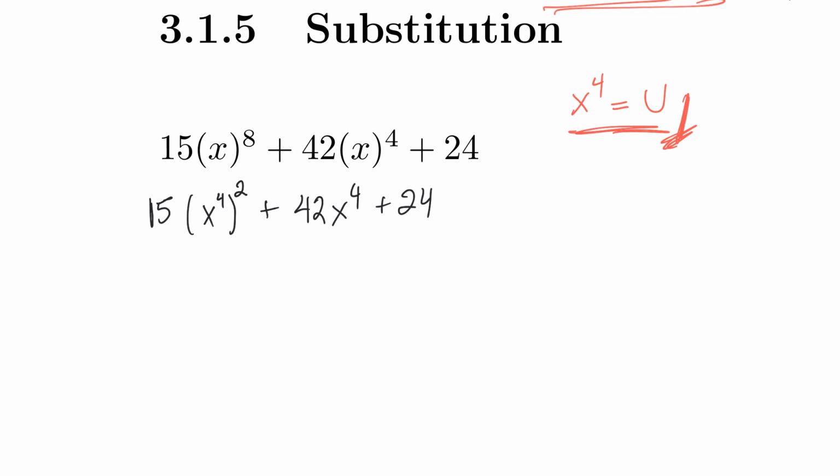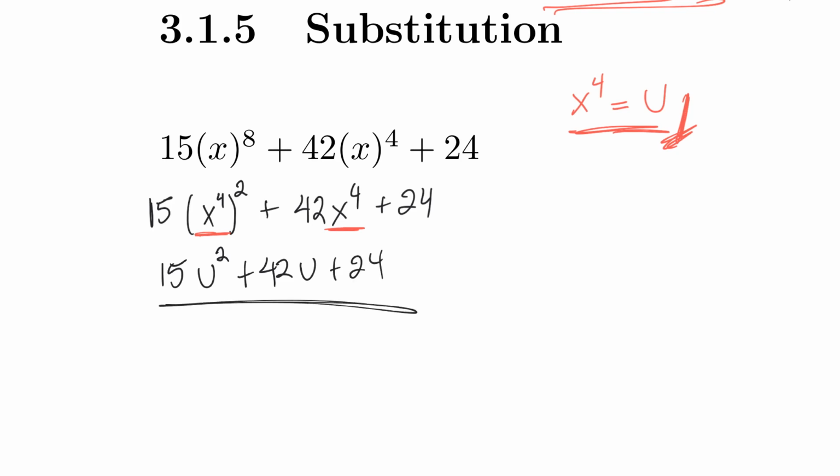Now we identify x to the 4 and x to the 4, and we said that every time I see x to the 4, I'm going to write u. So let's rewrite this. We have 15u squared plus 42u plus 24.